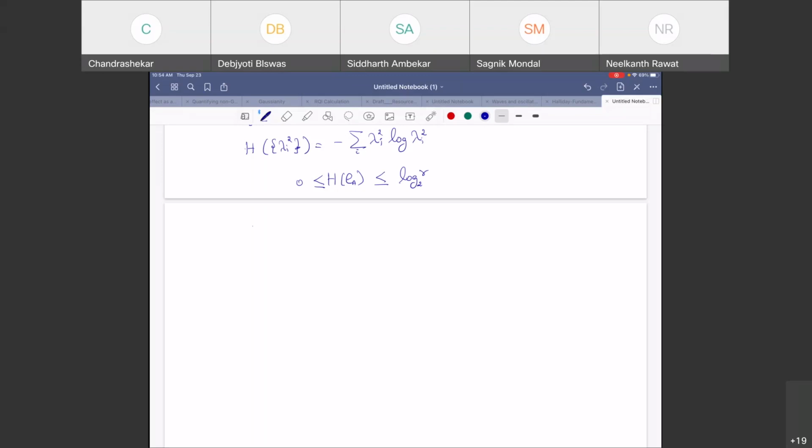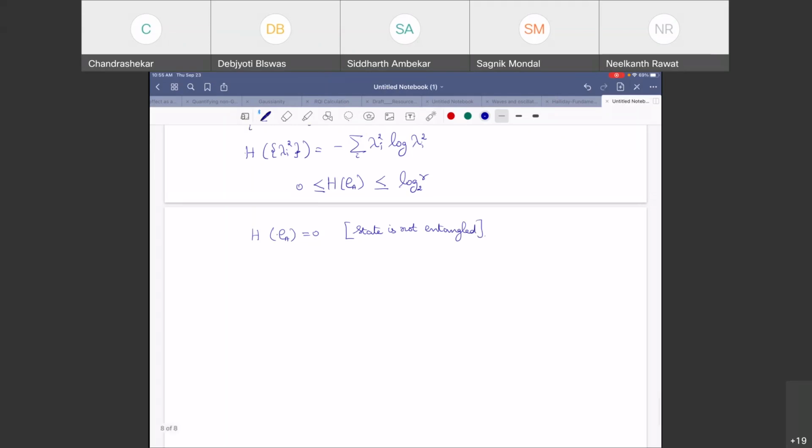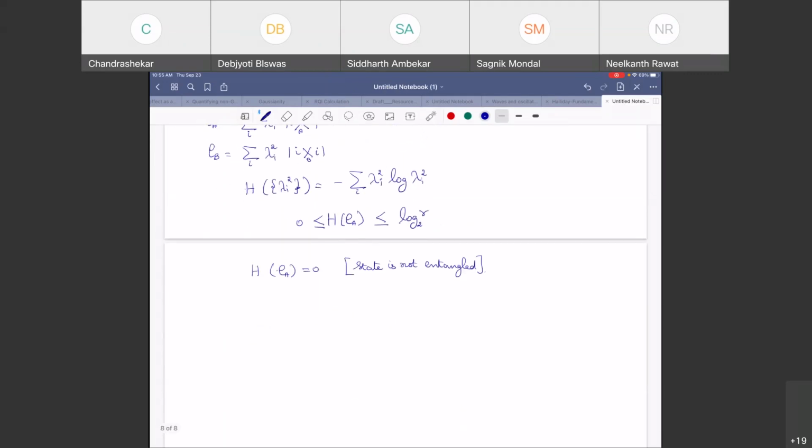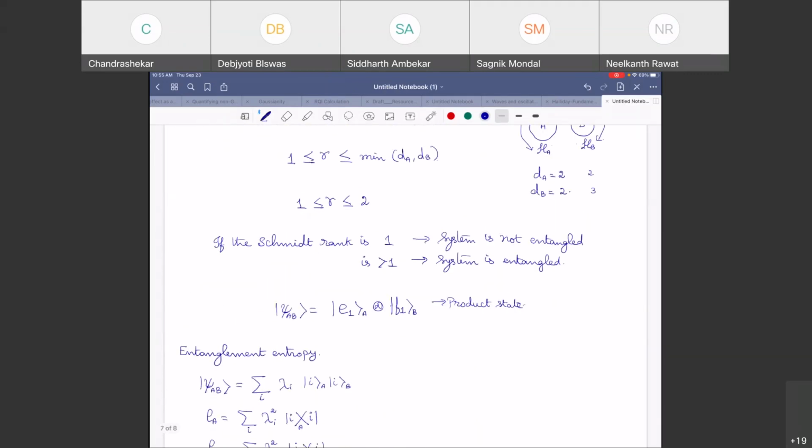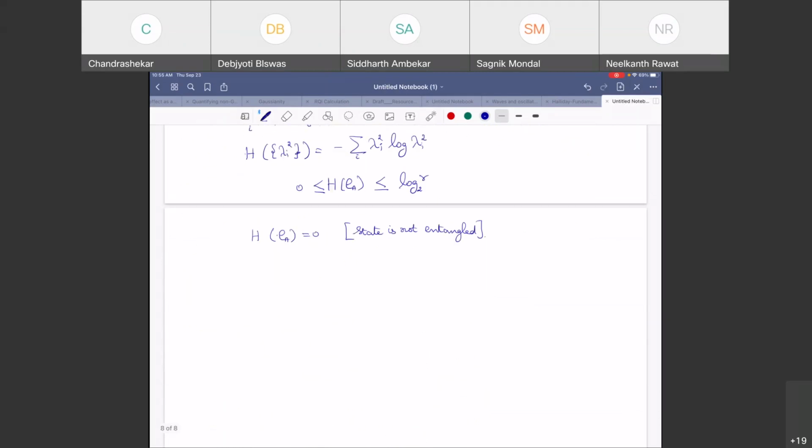If the state is a product state, then lambda i squared is equal to 1, and consequently the entropy is equal to 0. So the entropy of the system is 0, which means the state is not entangled. If the state is maximally entangled, then R will be at the maximum value, which is the minimum of dA and dB.